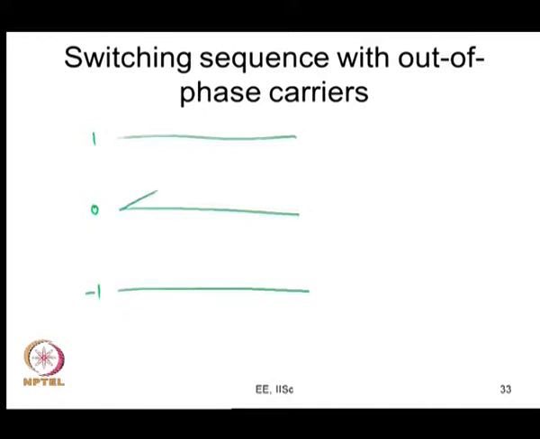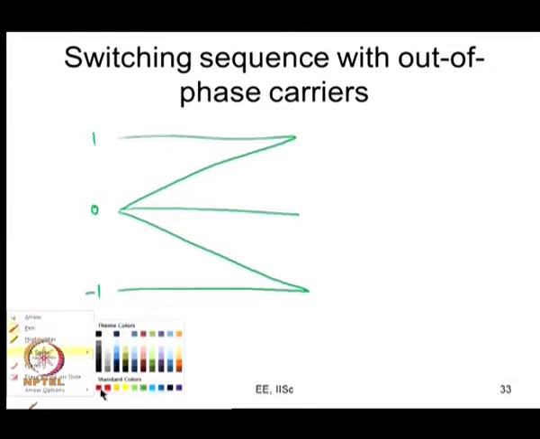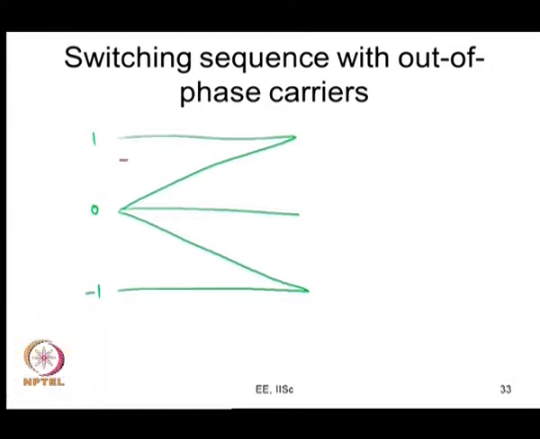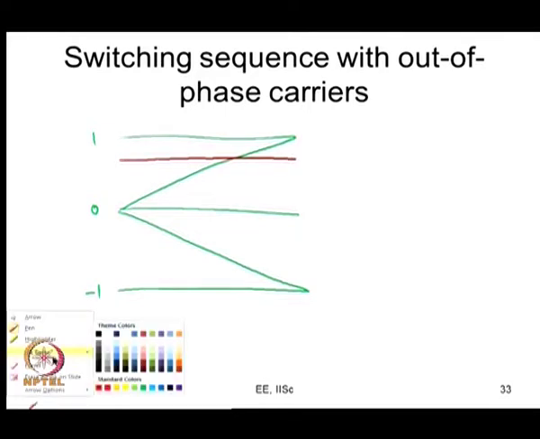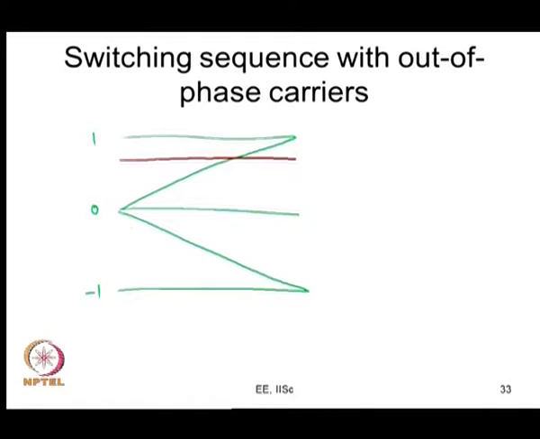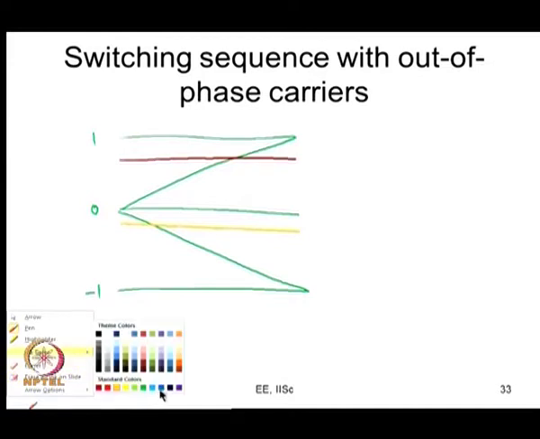Okay. So, let us say this is the top carrier, and let us say this is the bottom carrier. Now, what I am going to look at is, I am going to consider 3 phase signals. So, let us say the R phase signal is here. Now, I need to consider Y phase signal. So, let me use orange here for the time being. So, let us say the Y phase signal is here, and I need to draw B phase.